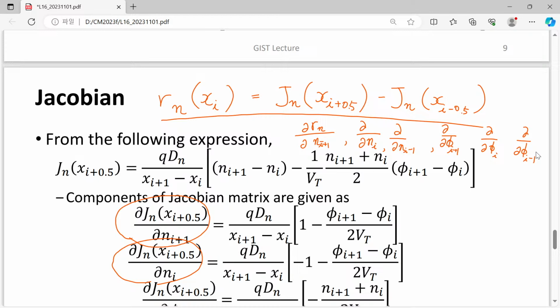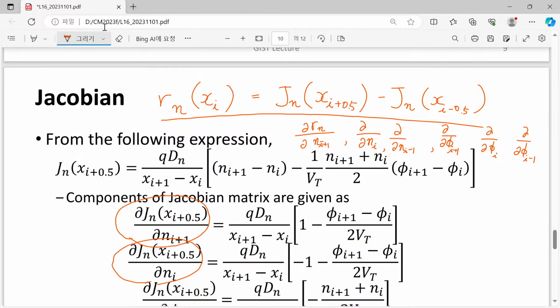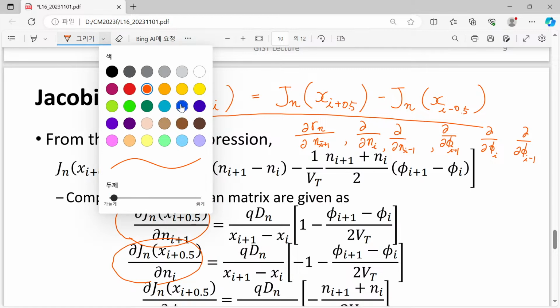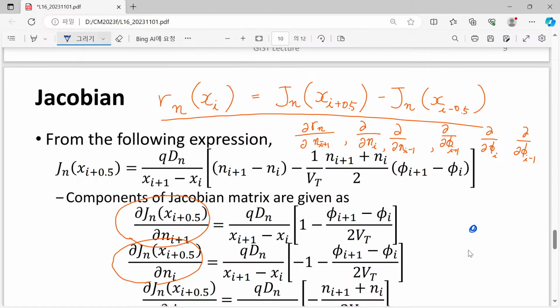Because you know we are now talking about certain position called xi, and it has two quantities, electron density and electrostatic potential. And we are talking about the neighboring 2 points called x sub I minus 1 and x sub I plus 1.